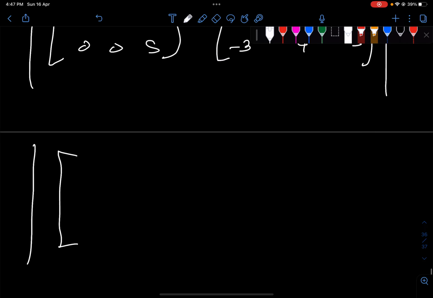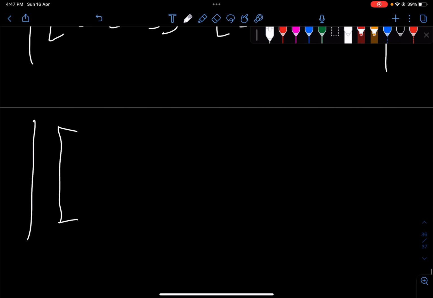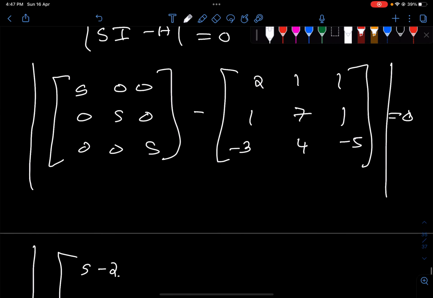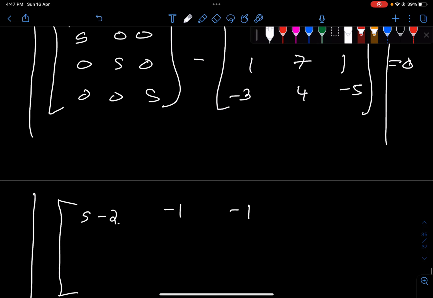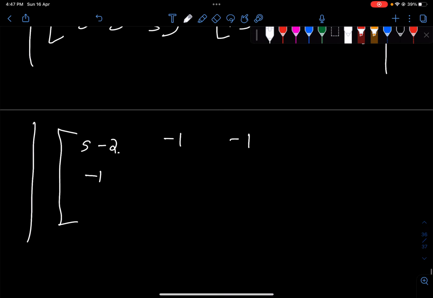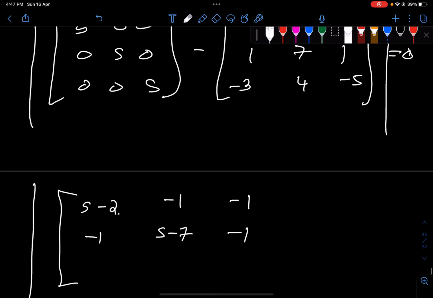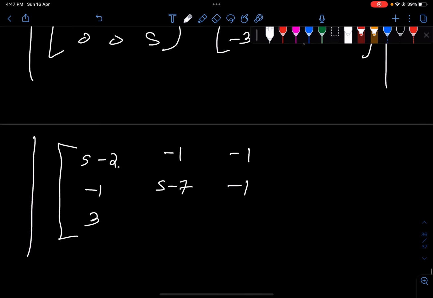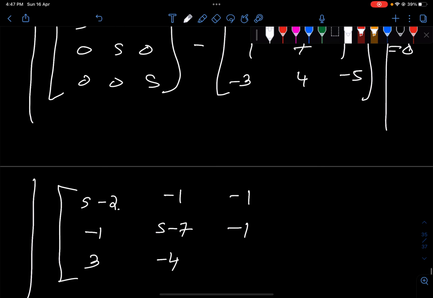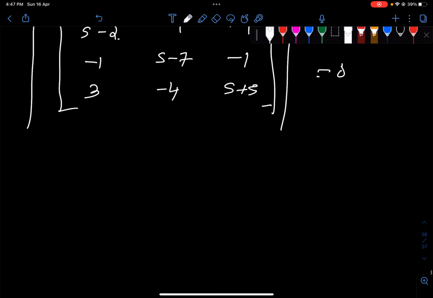This will be a new matrix with s minus 2, minus 1, minus 1, and minus 1, s minus 7, minus 1, 3 is the minus 4, s plus 5. This matrix determinant equal to 0 will give you the characteristic equation.